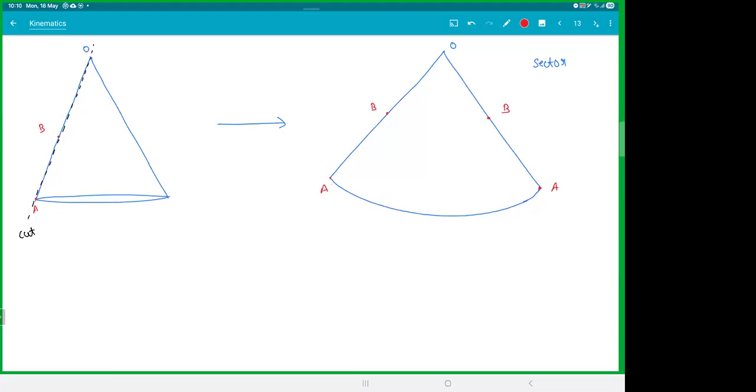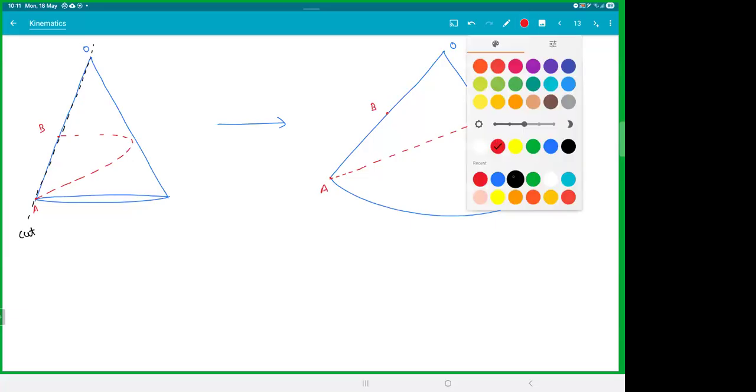You want to go from this A to this B, isn't it? Isn't that the shortest path? Any doubts on this? So now when you fold it back, you get a cone. When you open it, you get a flat surface. Now, can I argue that since it is the shortest path on a flat surface, it should be the shortest path on the curved surface also? Is this logic clear, everyone?